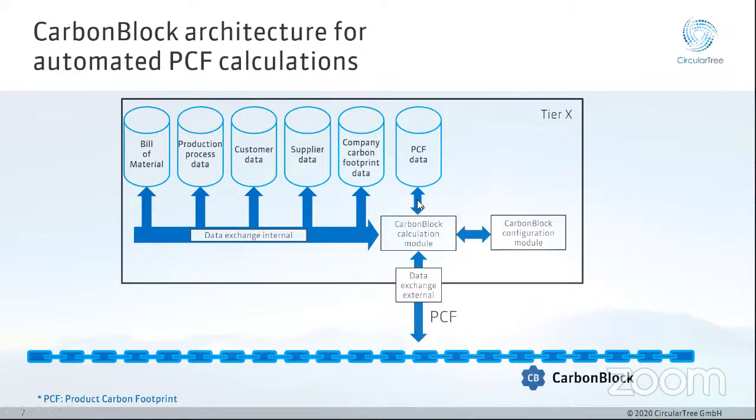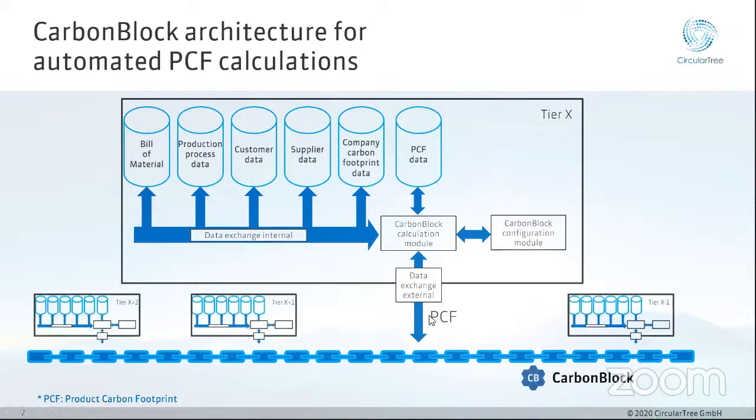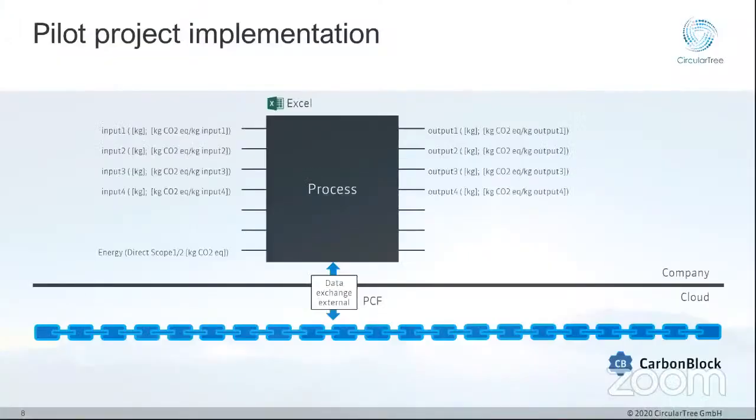And then you only need to set up a process model once. And then if one of your suppliers changes his product carbon footprint, the system can automatically calculate the new value. This is important. Of course, in the pilot, we couldn't do a full-blown solution.